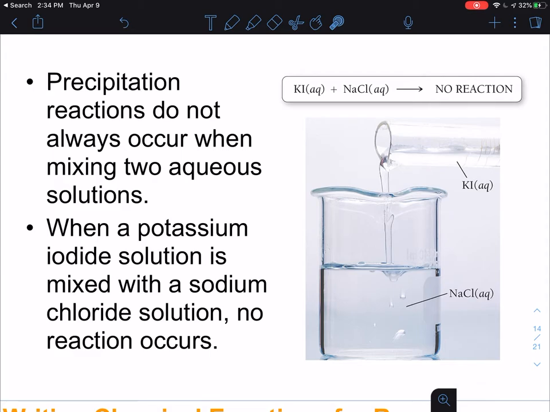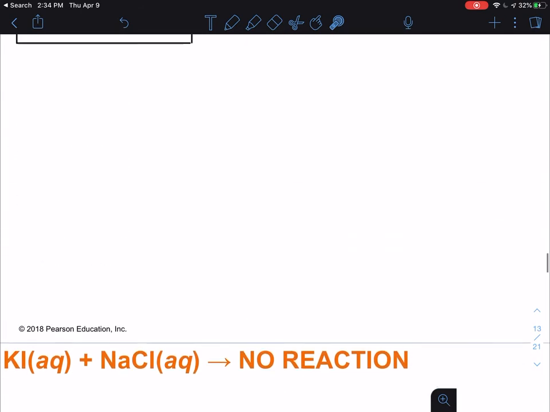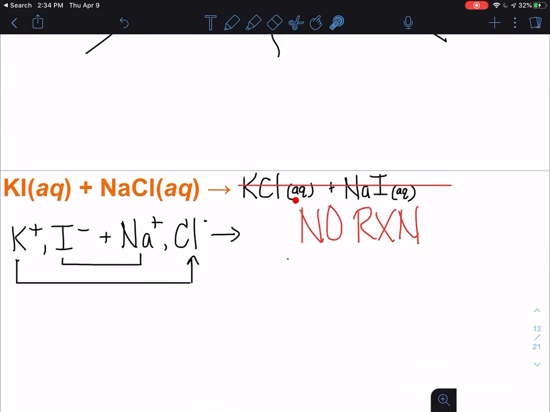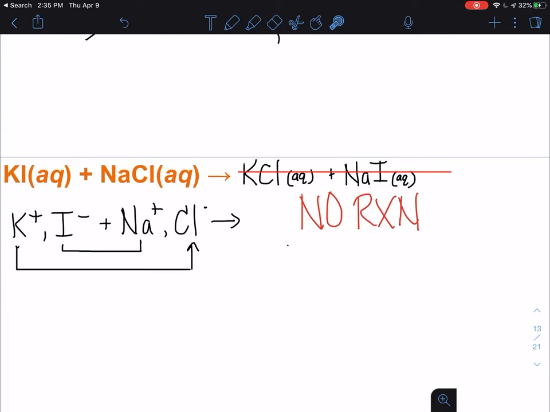There's no overall change from reactants to products, and because there's no change at all, we say that no reaction occurs. So in precipitation reactions, when you add aqueous compounds together and still get aqueous and aqueous, then we say overall no reaction occurs. We will dive into this a little more deeply later on in this lecture.